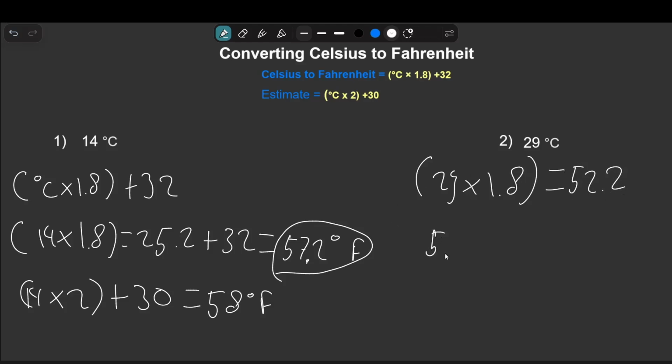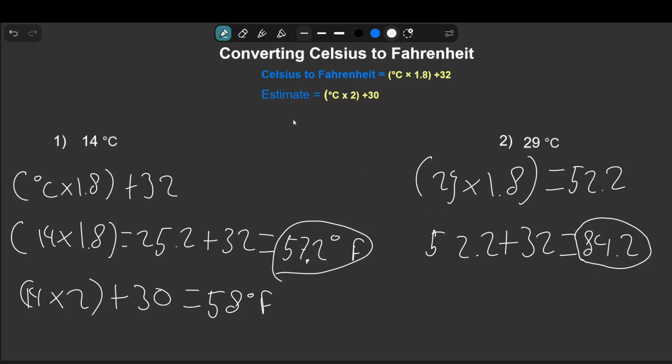Now we have to add, oh my bad guys, we have to add 32 to it. This will give us 84.2. So this is the answer of the first formula we use.